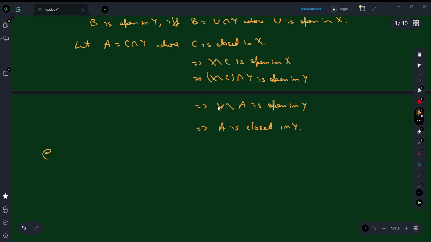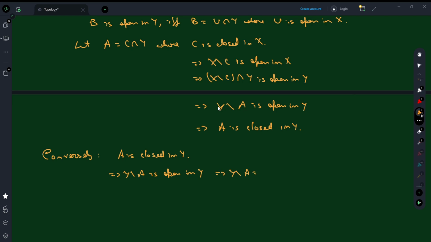Conversely, what happens? Suppose A is closed in Y. That implies Y minus A is open in Y. But that implies Y minus A is the intersection of U with Y for some open set U in X. From here it's obvious that A can be written as X minus U intersection Y. But X minus U is closed because U was open.